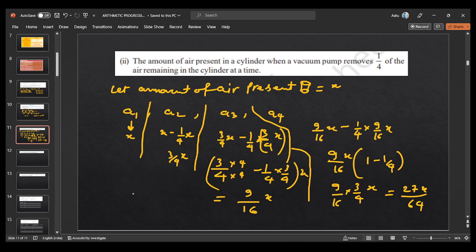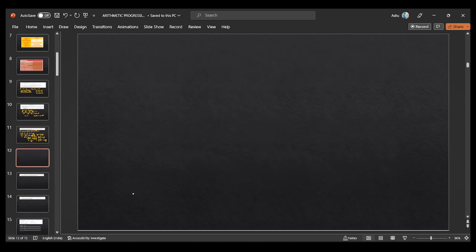Now in the next slide, the first term was x. A1 was x, A2 is 9 by 16 x.